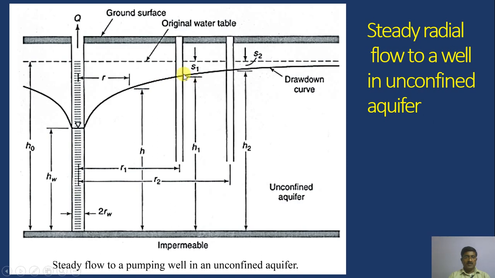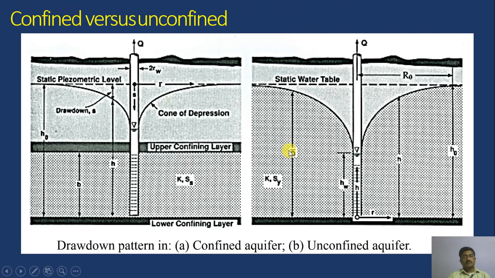The head in observation well 1 from the impermeable layer is h1, and h2 in observation well 2. s1 and s2 are the drawdowns observed at observation wells 1 and 2. r1 and r2 are the radial distances from the main well.